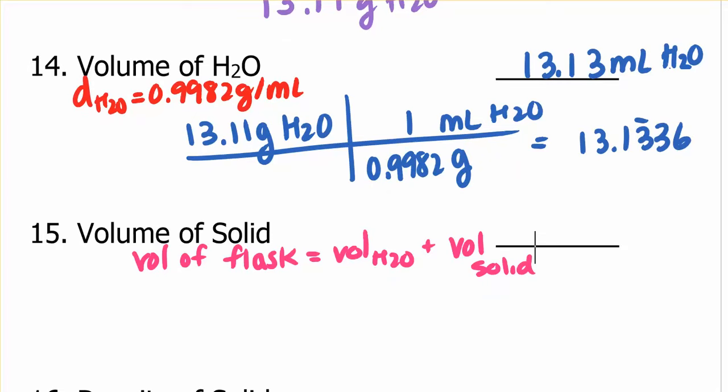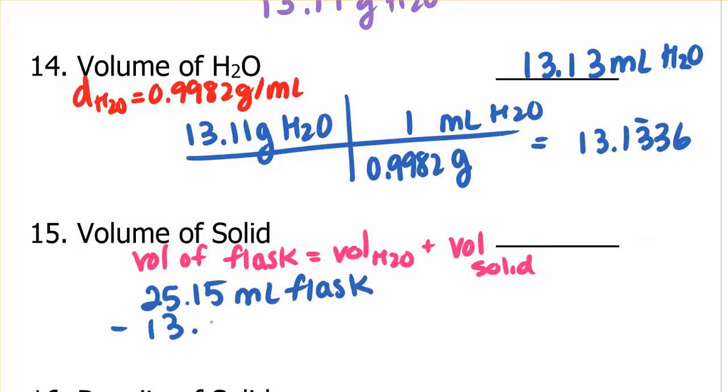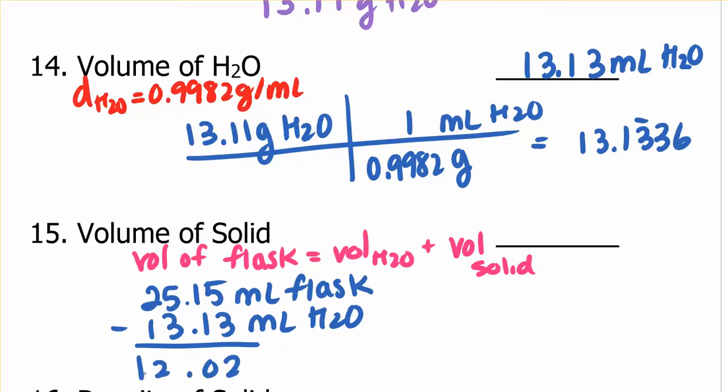Well, I knew the volume of the flask from before, so the volume of the flask was 25.15 milliliters, and I'm going to subtract out the volume of the water, and that will give me the volume of the solid.